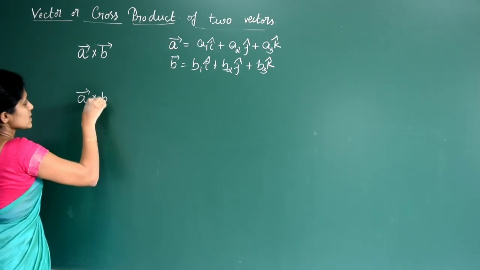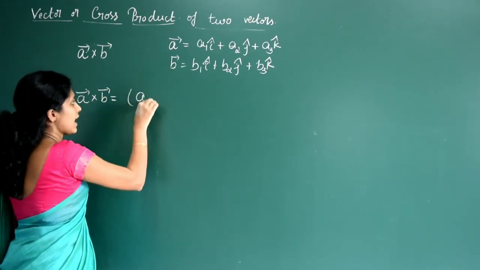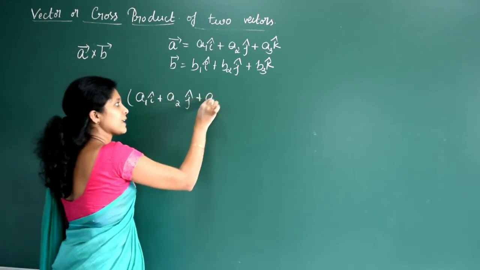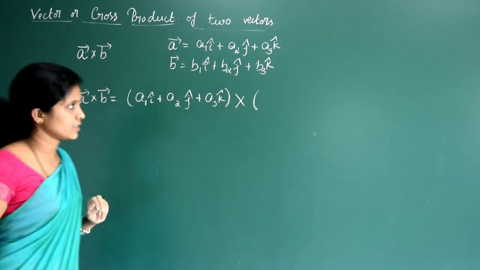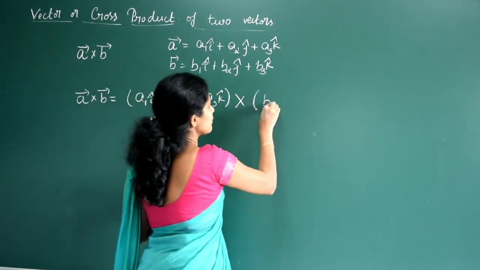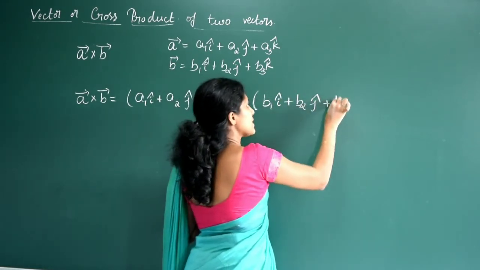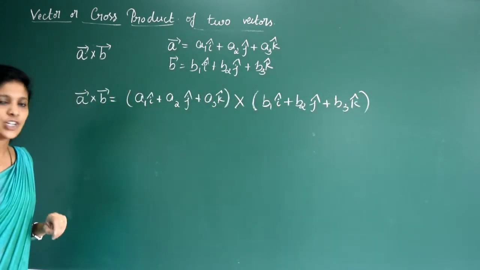A vector cross B vector is equal to, let me write that, (a1 i cap plus a2 j cap plus a3 k cap) cross product with (b1 i cap plus b2 j cap plus b3 k cap). Now you have to multiply each and every term.